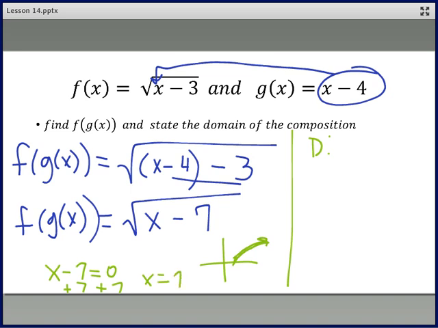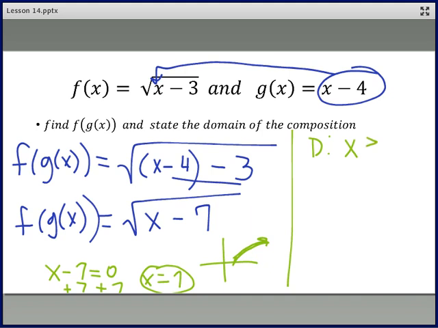And to figure out those limits, we're going to set what's inside the radical equal to 0. And so if I add 7 to each side, I'll see that x equals 7 is the critical value that gives me 0.